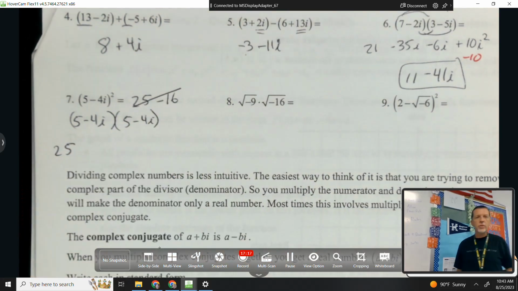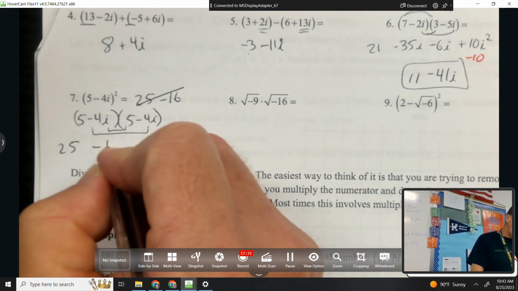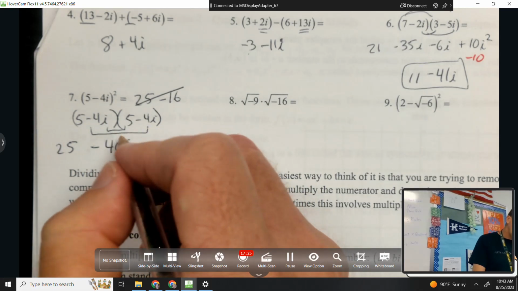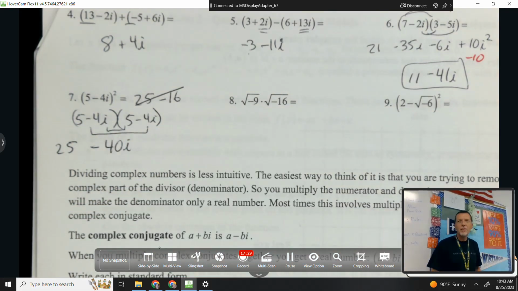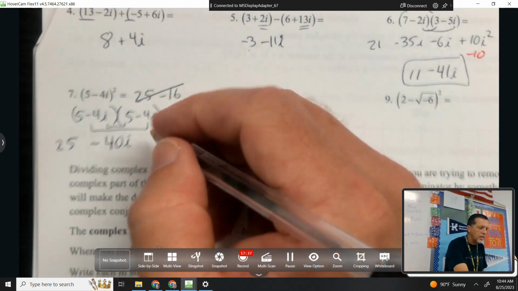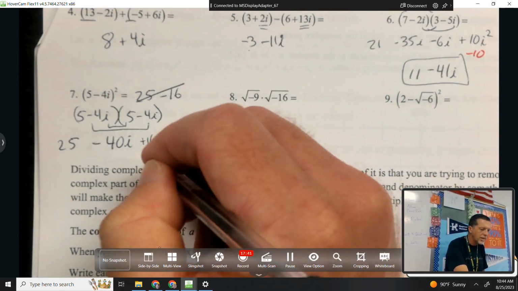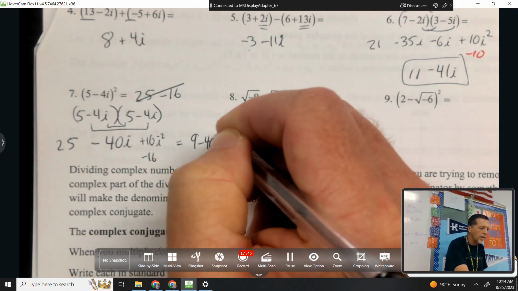So yeah, there's the 25. Minus 20i makes minus 40i. And then, again, be careful skipping steps. People lose points here because they think they're going to do it all in their head. And sometimes they get it right, but sometimes they mess it up. So plus 16i squared, which is minus 16.